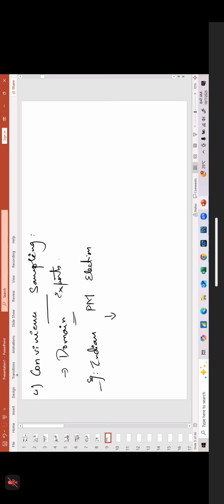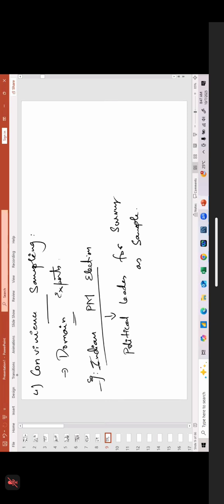For this survey, we will just pick political leaders as the sample. We will pick all the people who are political leaders, MLAs, MPs, leaders or whatever it might be. That is domain experts. For this domain, these are the experts.